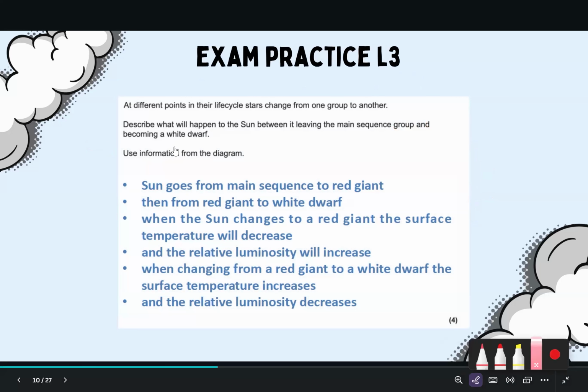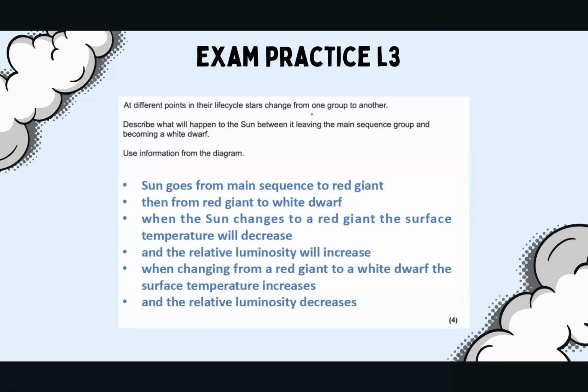It's just a really good question to memorize. At different points in their life cycle, stars change from one group to another. Describe what will happen to the sun between it leaving the main sequence group and it becoming a white dwarf. So essentially what we just went through.